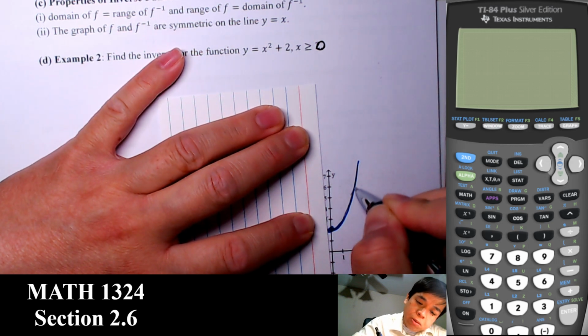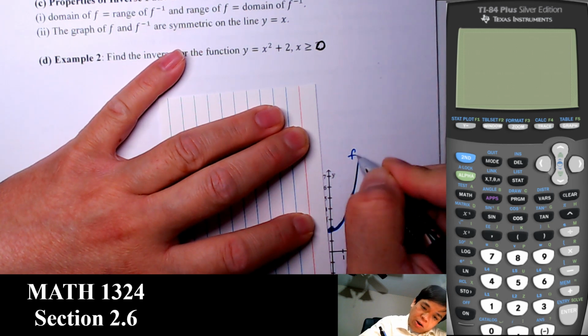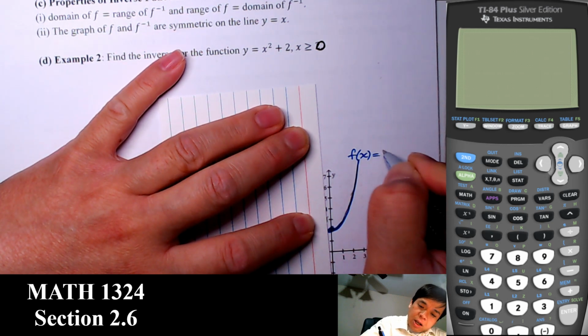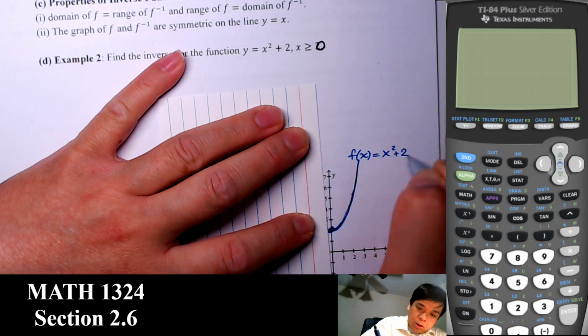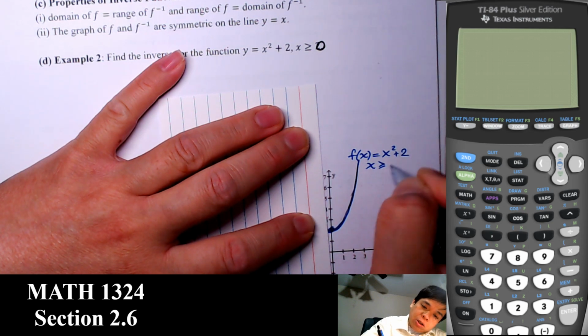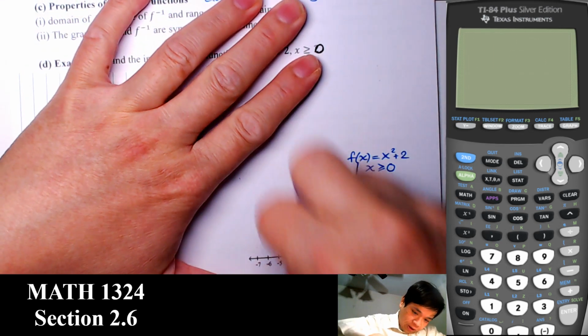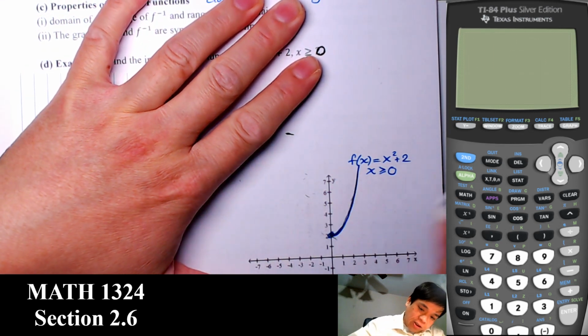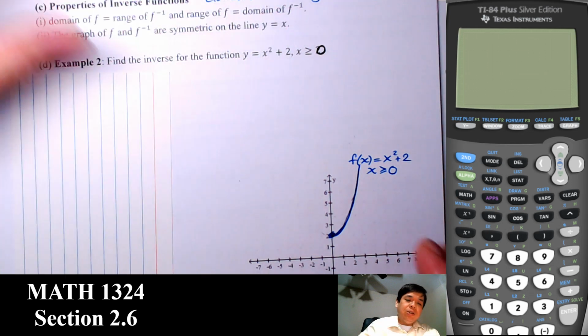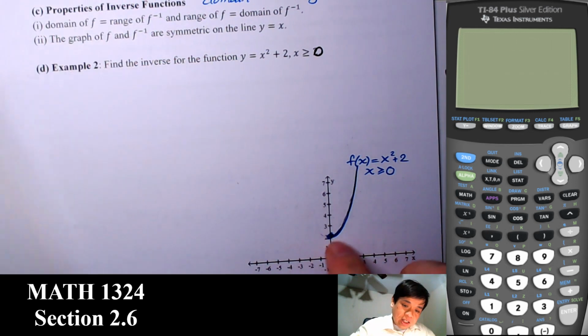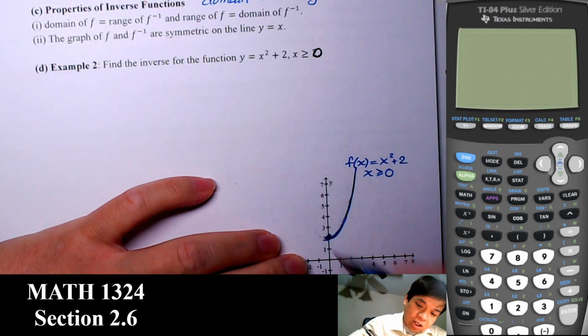Let's say this is the function x squared plus 2, where x is greater than or equal to 0. Now in this case, we have one x and one y. Indeed, it is invertible.